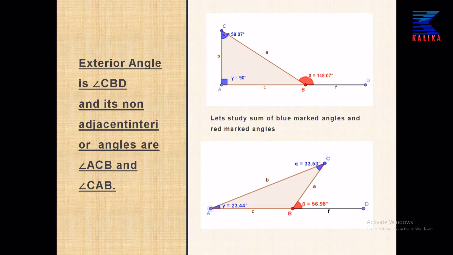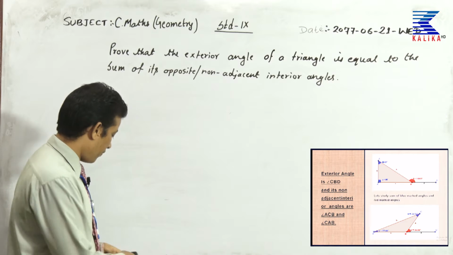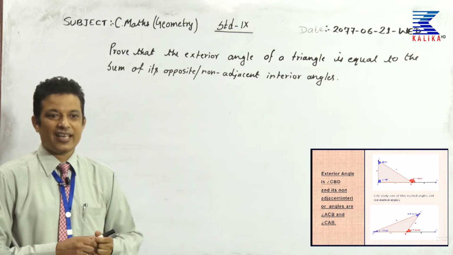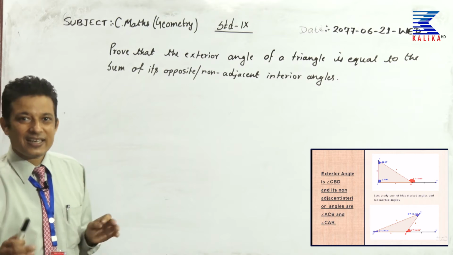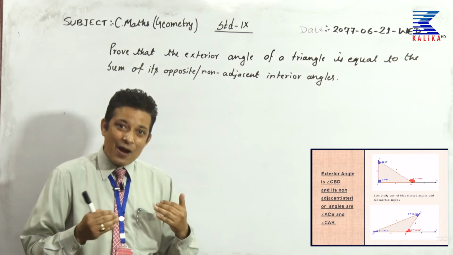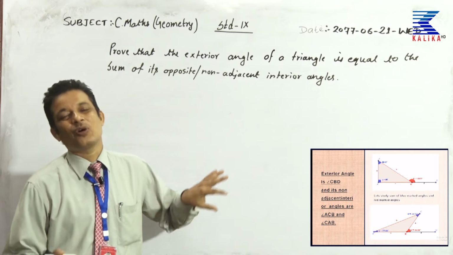We can see this in PIP, and then I am going to focus you on the same theorem on the board. What we got from GeoGebra is in the PIP, and now we are going to prove it theoretically.